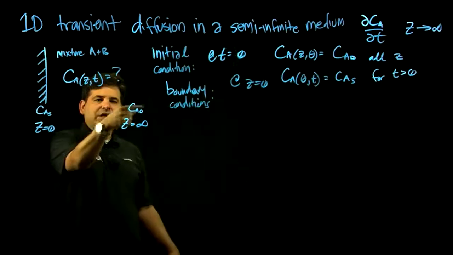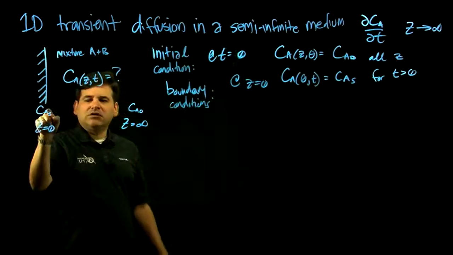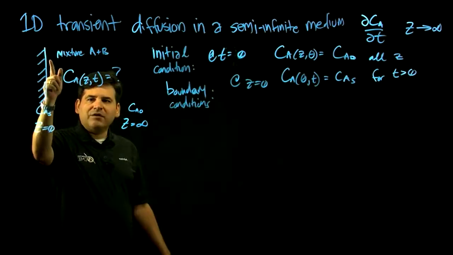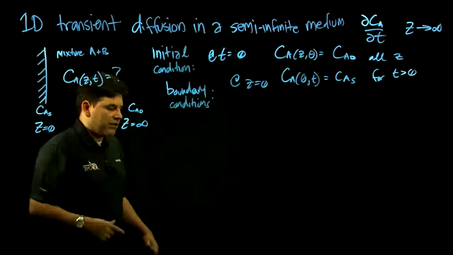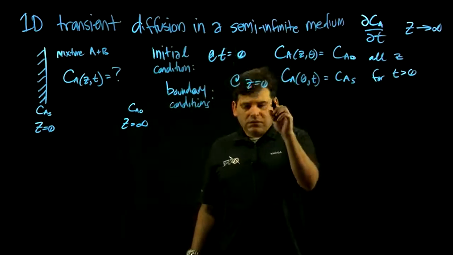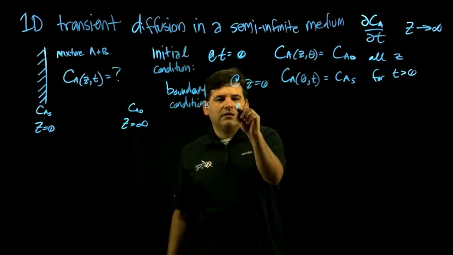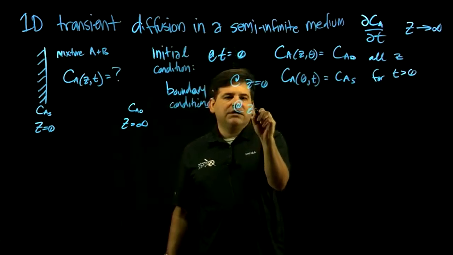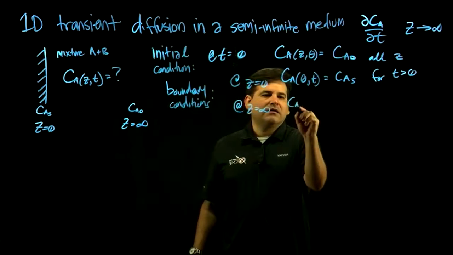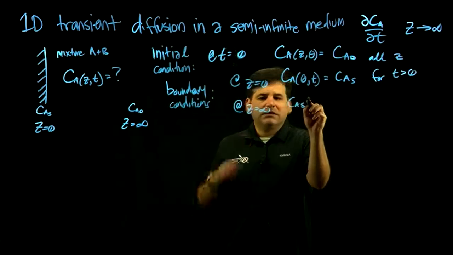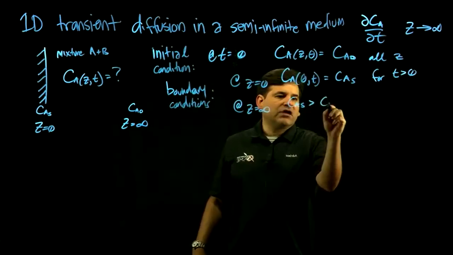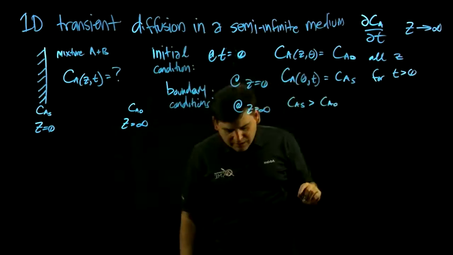So we have infinity going this way, but the surface concentration doesn't get that far. It doesn't take that much distance to approach this. At z equals infinity, it starts off that the surface concentration is CA0. That's why it diffuses.